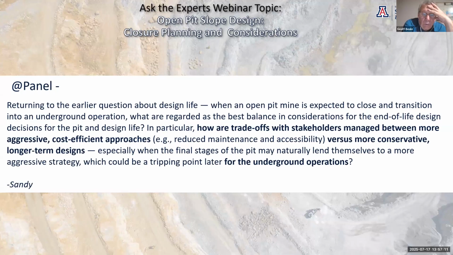If you leave them all open, then you've got lots of water and potentially geochemistry to deal with. But if you plug it and there's quite an elevation difference, then you've got to think about how long a plug is going to last with a large head of water behind it. So it's a complicated question, and there's lots of different facets to it.